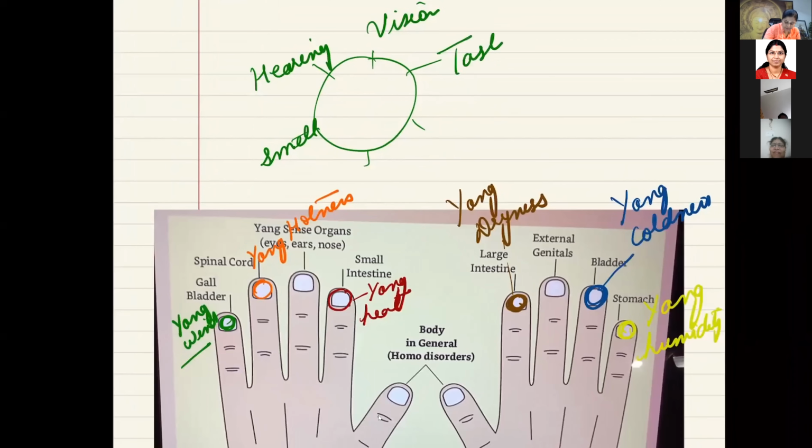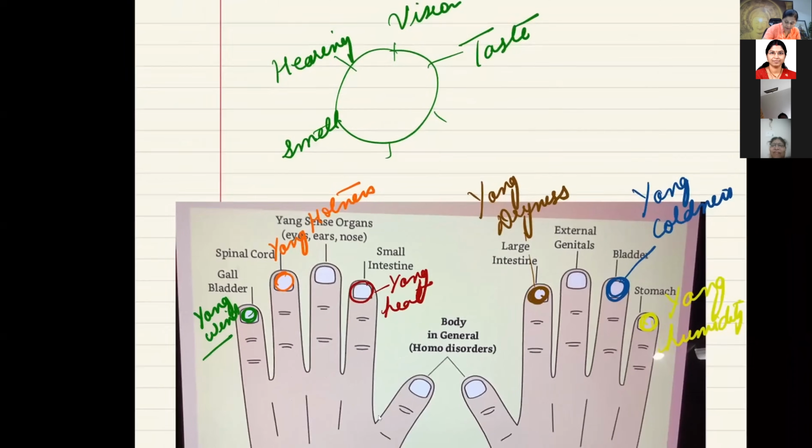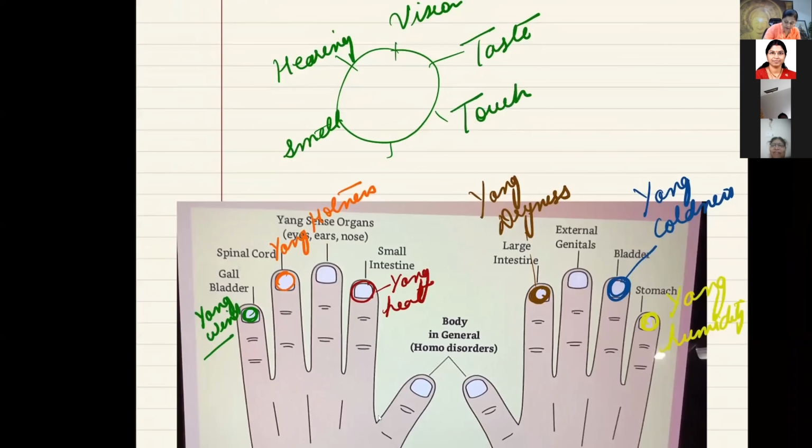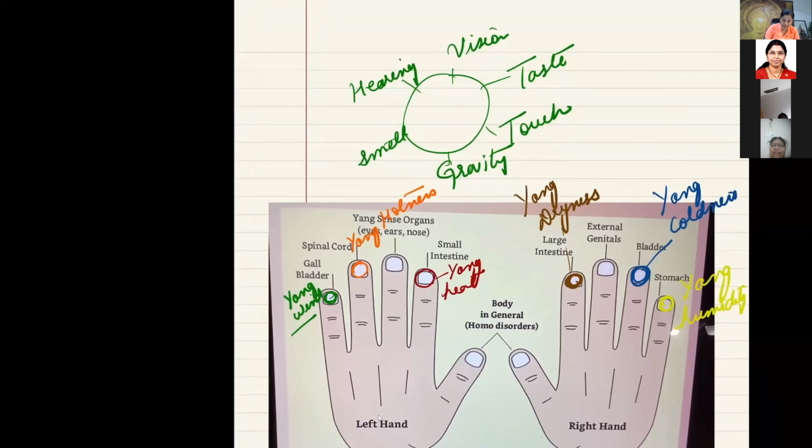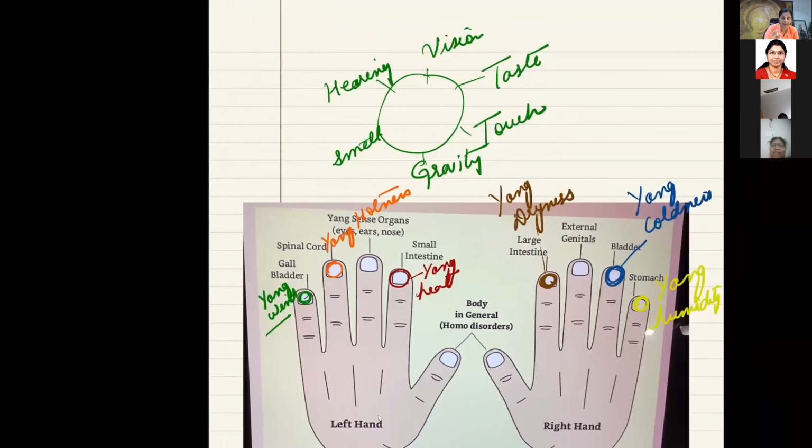Taste sense is humidity. Touch sense is dryness, and gravity sense is coldness. So yang wind, this nail has strong connection with the smell sense. If smell sense is lost, we have to pay attention here. How to do treatment, I will guide you. Smell sense.